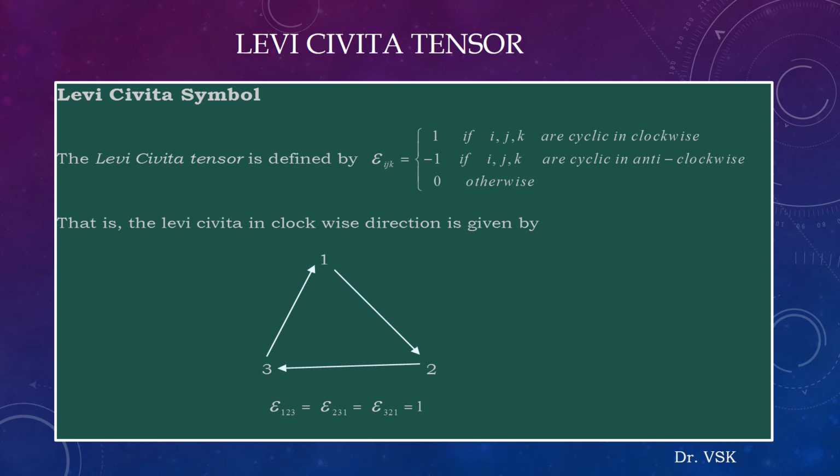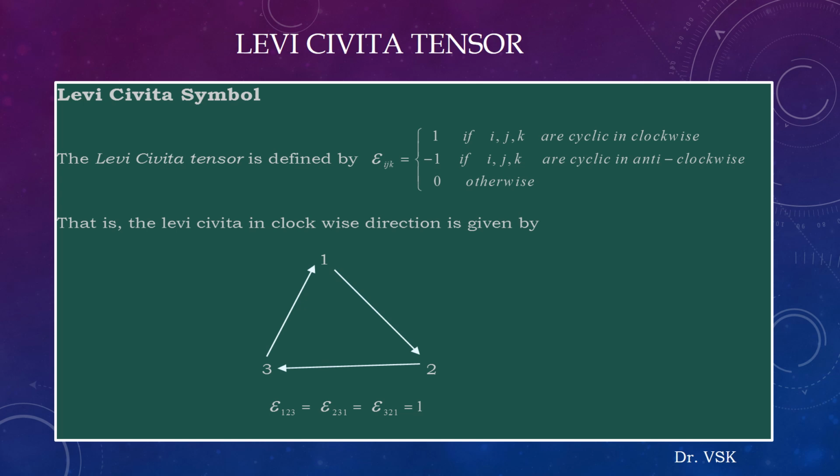Consider a circle having the numbers 1, 2, 3 in clockwise direction. If 1, 2, 3 are in clockwise direction, then first start at 1, next go to 2 and reach 3 in the clockwise direction. Then we can write epsilon suffix 1, 2, 3. Its value is 1. So epsilon suffix 123 equals 1.